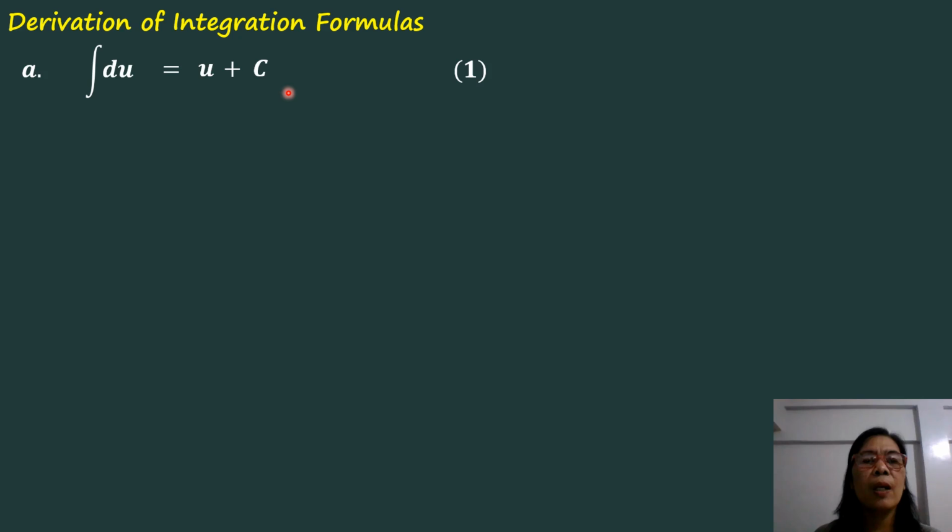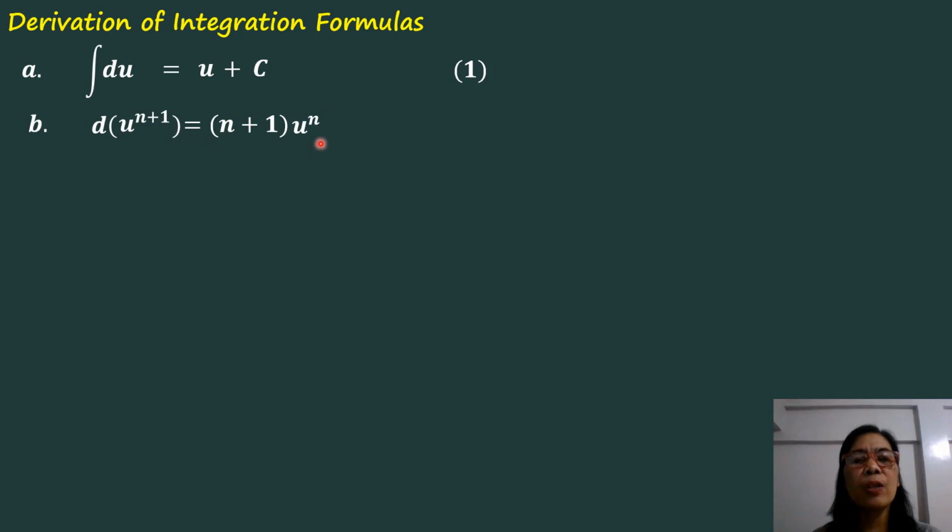In the next formula, let us consider the function u raised to n plus 1. So finding the differential of u raised to n plus 1, we make use of the power formula. And that will now be equal to the exponent times the base raised to the exponent minus 1. So the exponent minus 1 is n plus 1 minus 1.